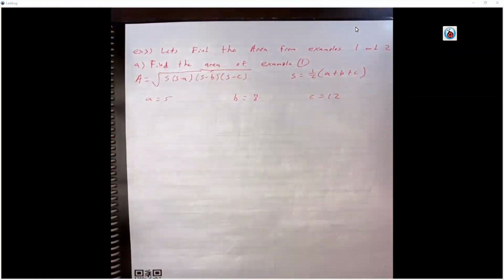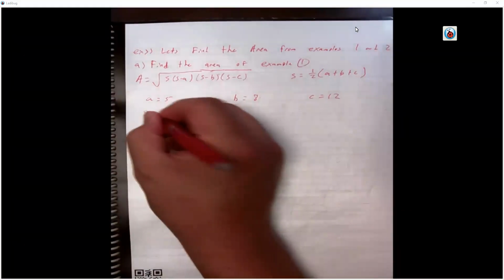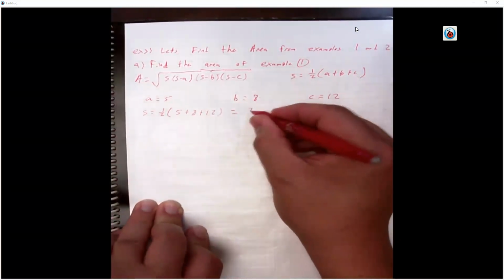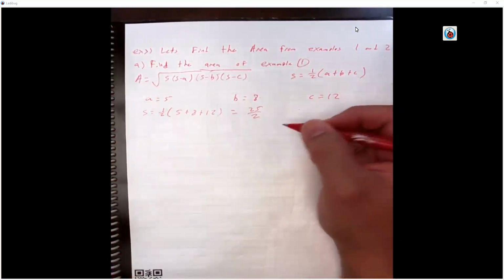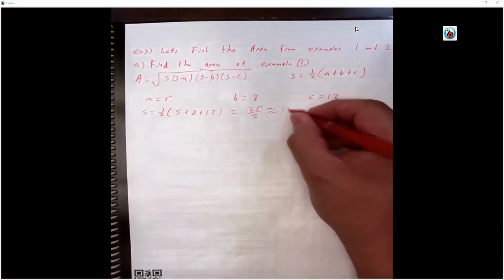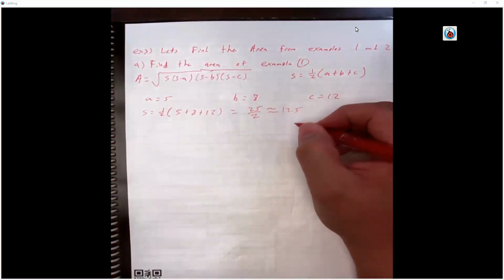So knowing that, first figure out what S is, of course. S will be 1/2 times 5 plus 8 plus 12, which is 25/2. What's that as a decimal? 12.5.